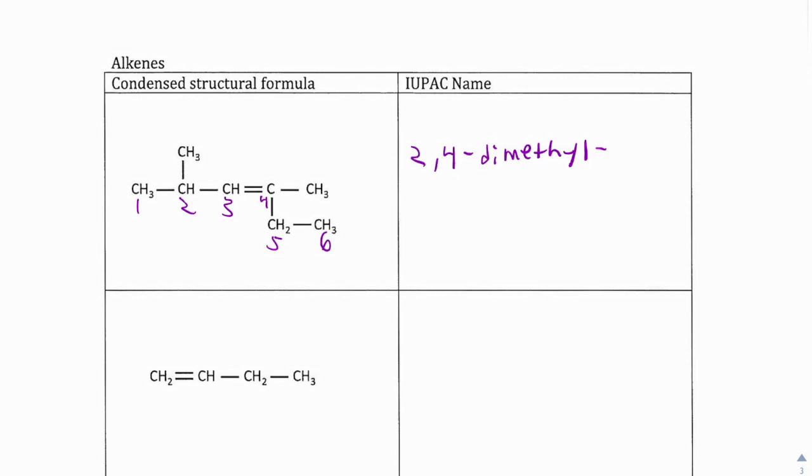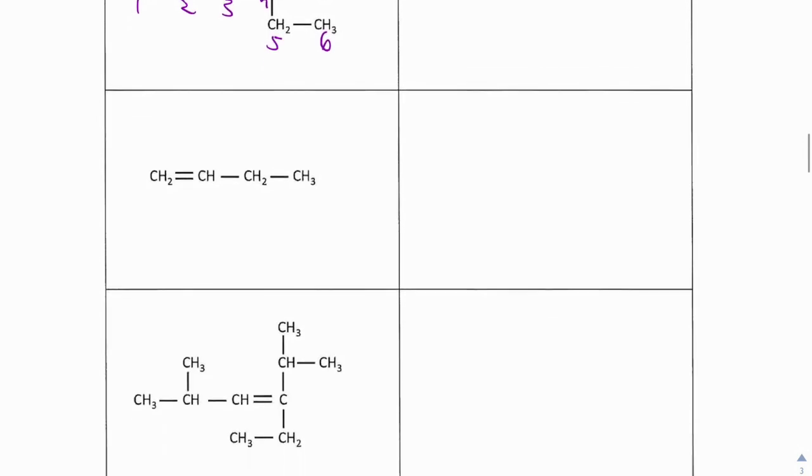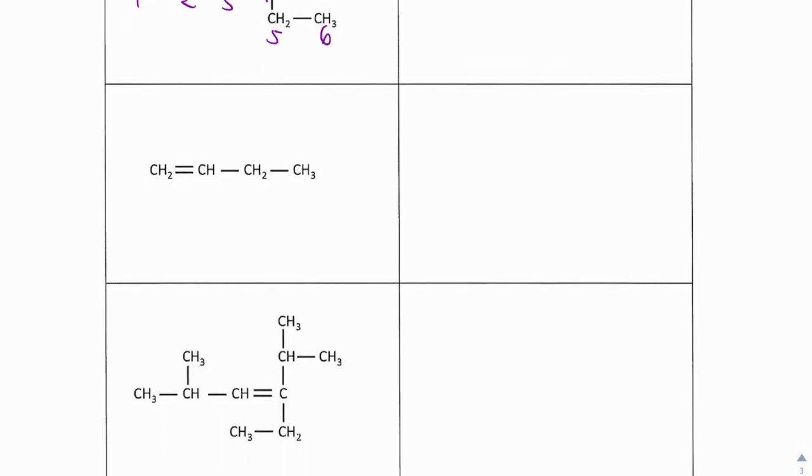double bonds, they're alkenes. So you're just going to end it with alkene. Like that. Start off here. 4. So it's a 4. And you're just going to write butene.